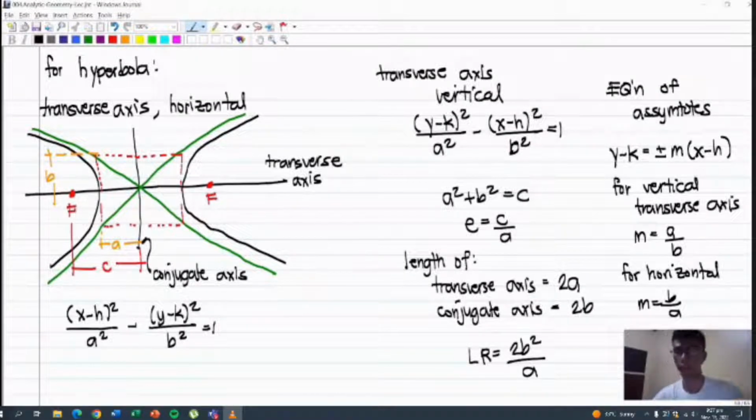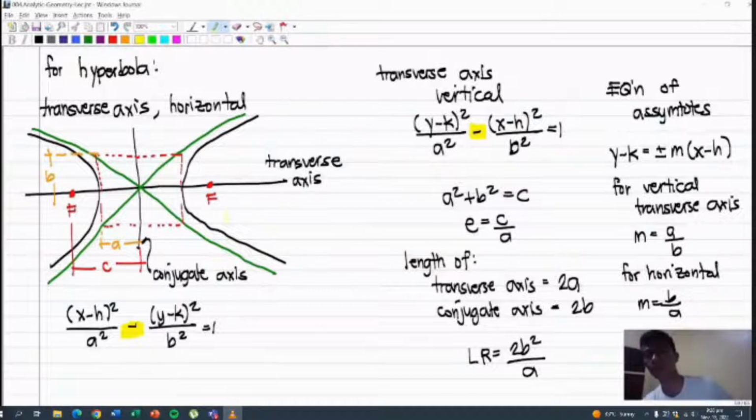So ano yung kaibahan nito sa ellipse? Kasi ang nag-iba lang sa kanilang standard equation is ito, yung negative. Pero paano naman natin ipapwesto yung A?